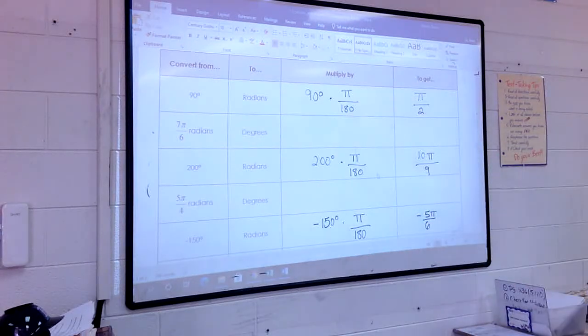So negative 5 pi over 6. So all three of those, we changed from degrees into radians. So all we did was change it from degrees to radians.